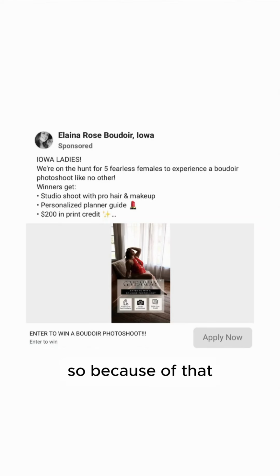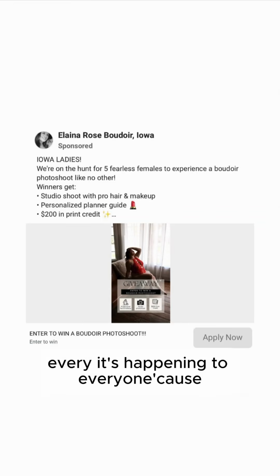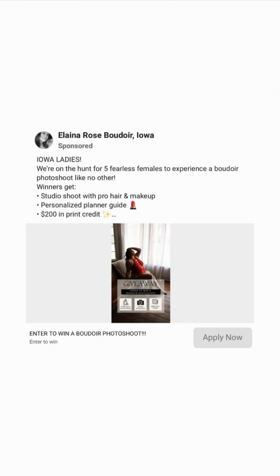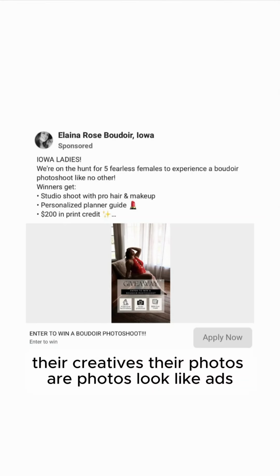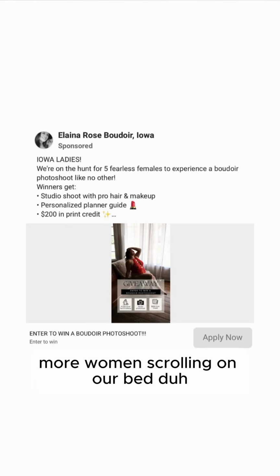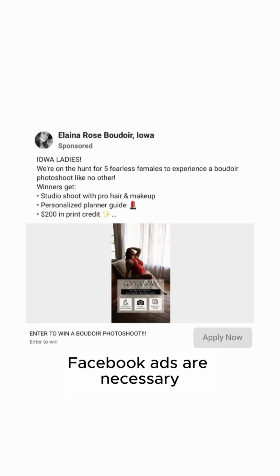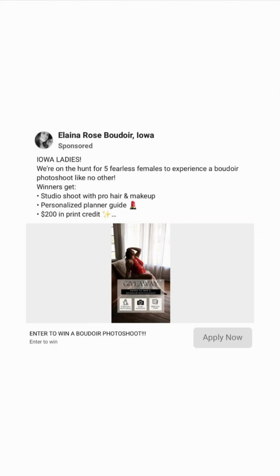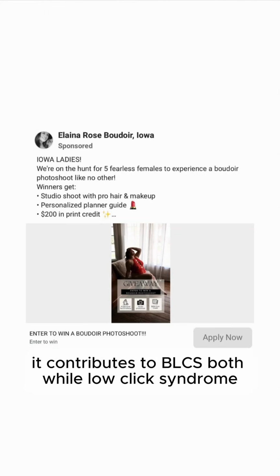So it's happening to everyone, because everyone's making the same mistake: everyone's ads look like ads, or at least their creatives. Their photos look like ads. So the consequence is way more women scrolling past our Boudoir Facebook ads than necessary, and this is pulling down our unique CTR, which contributes to BLCS, Boudoir low click syndrome.